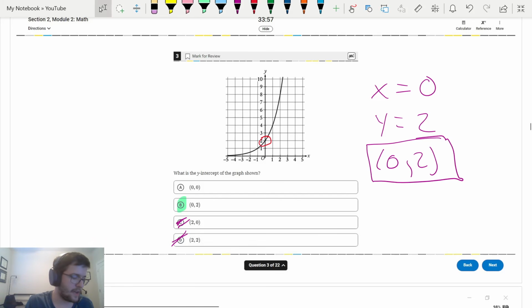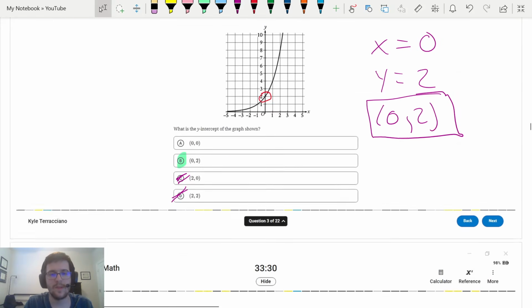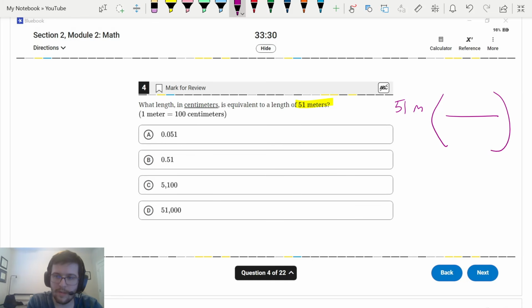Okay, let's look at 4. Okay, so this is a unit conversion. So what you do is you start with what they want you to convert, in this case, the 51 meters. And then you make your parentheses, and then you arrange the unit conversion in a way that the units cancel.